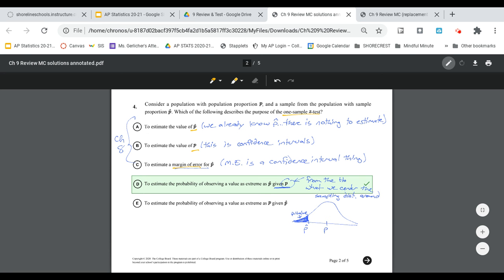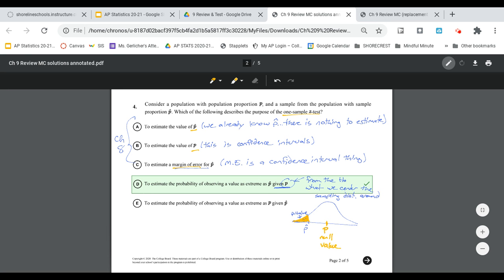So now we say to estimate the probability of observing a value as extreme as p hat given p. So keep in mind, all our pictures are always assuming the HO is true. So our sampling distribution is centered around p, the number in our HO, our null value. And we end up with a p hat, some sample proportion, and we want to know how extreme it is.